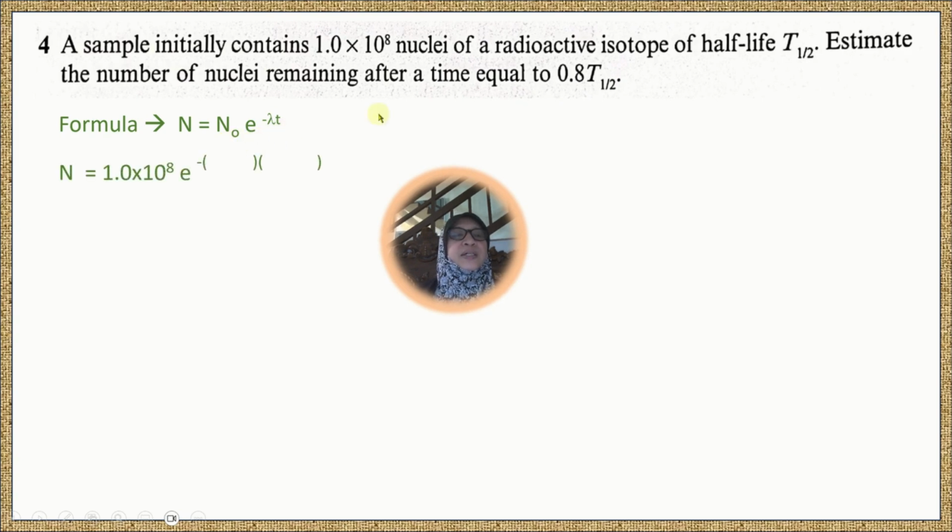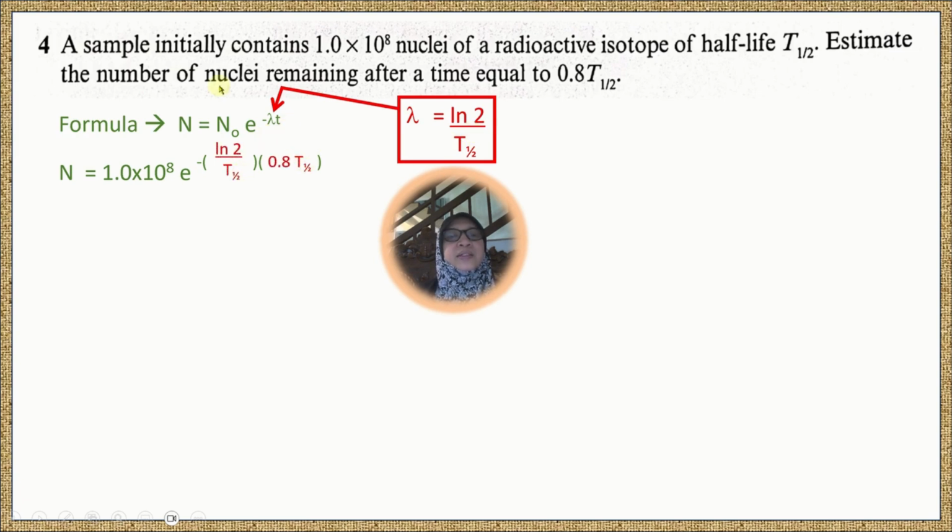The N naught is 1.0 times 10 to the power of 8, the initial number of nuclei. Then for lambda we use the formula ln 2 over half-life, and the t is given here as 0.8 half-life.